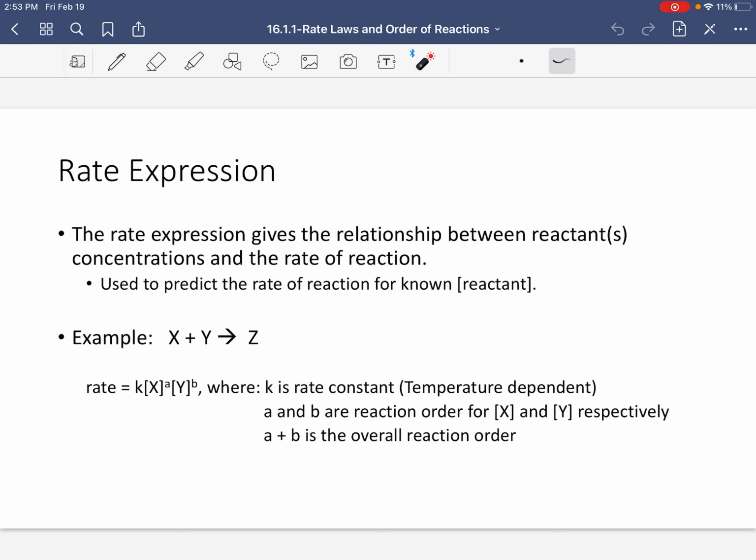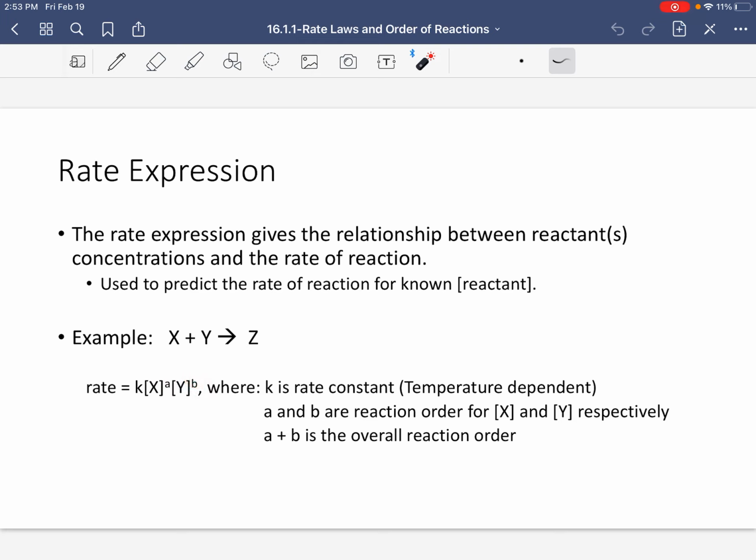So in a rate expression, rate is equal to the rate constant, at a certain temperature, times the concentration of X to the power of A. These are called rate orders, or orders of reaction, and we'll see in a sec how to determine what A and B are going to be.